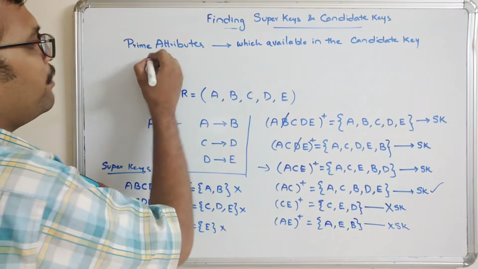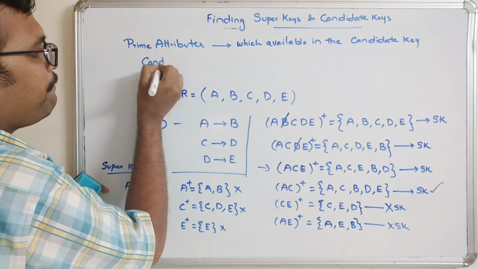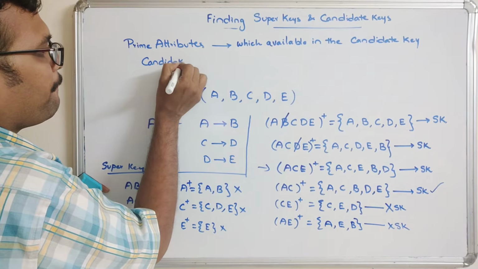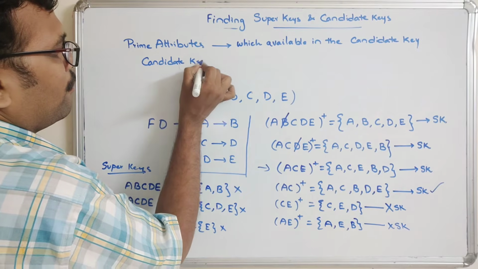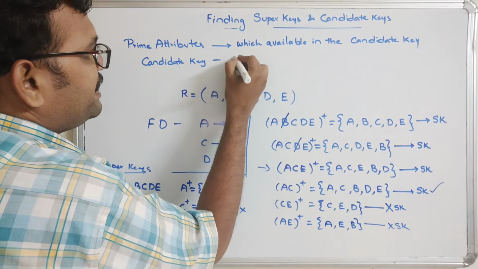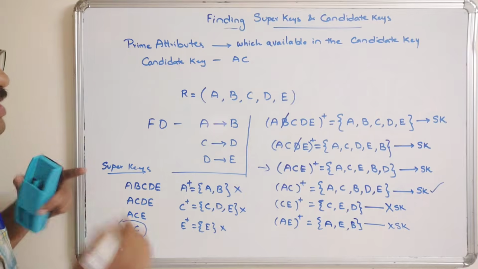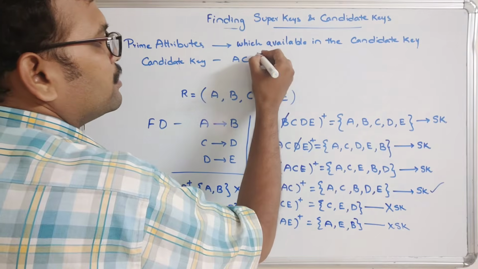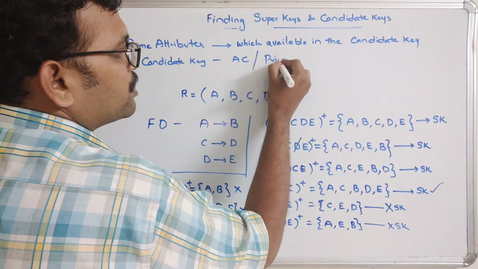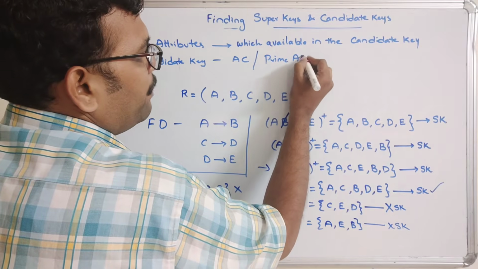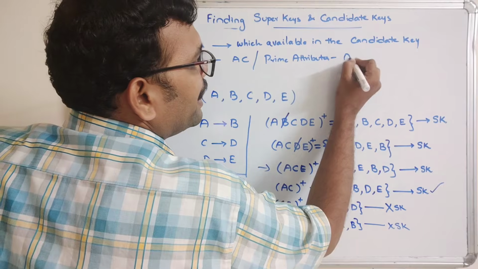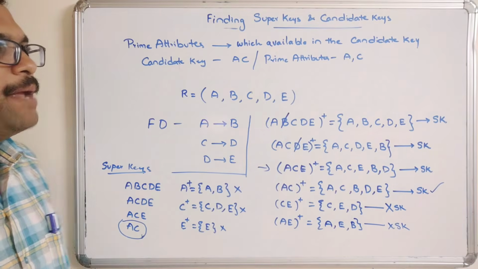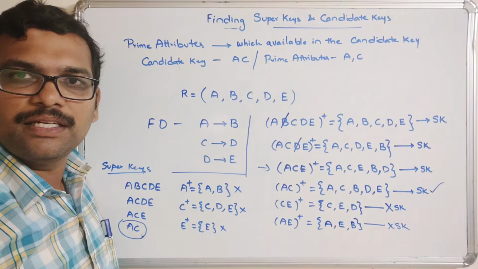So here the candidate key is AC, yes, AC is a candidate key. So the prime attributes are A comma C. The prime attributes are A comma C.